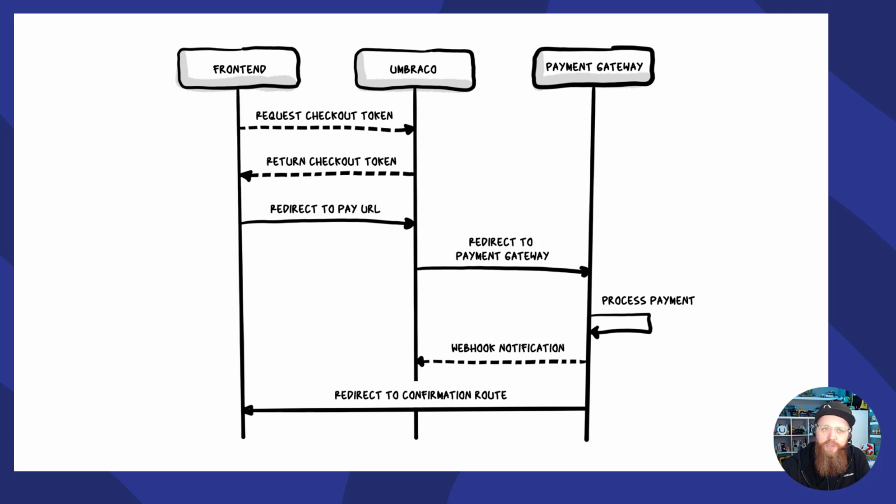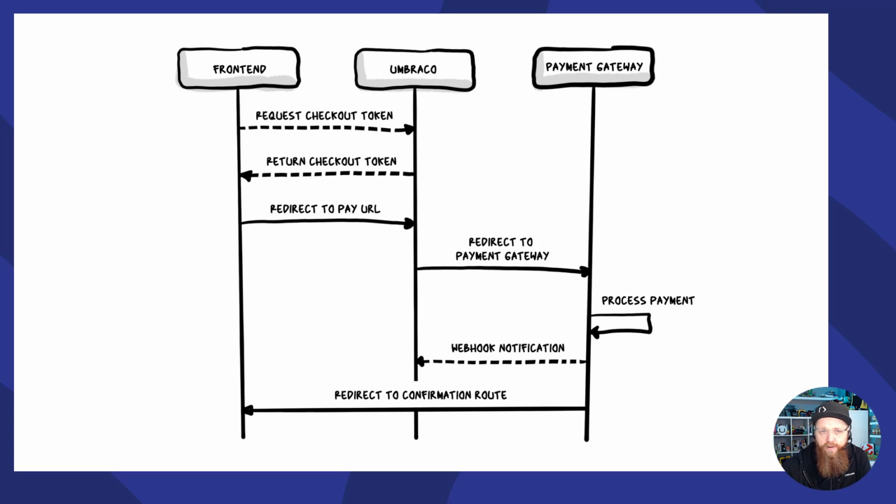For this flow, how it usually works is your front end with our Headless API needs to ask Umbraco Commerce for a checkout token. Umbraco Commerce needs a way of identifying a cart a little bit later on, so this is why we need these tokens. We'll request a checkout token, that will get returned, and it will also return a redirect URL.